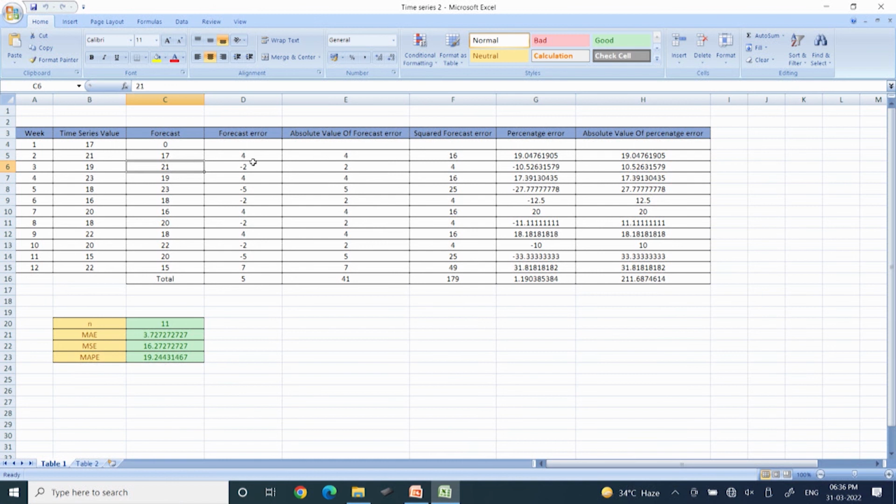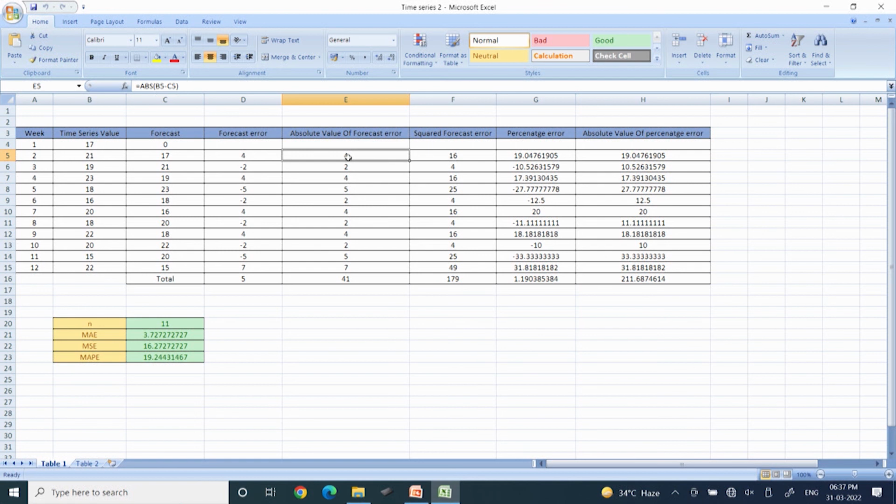Okay. Then I found the error. We know what is the error? Actual value minus forecasted value. So, we got 21 minus 17. So, I have dragged it, 21 minus 17 is 4, then 19 minus 21 is minus 2 and so on. Then I used in Excel, there is option absolute ABS, that will provide only the absolute value, that is the positive value.